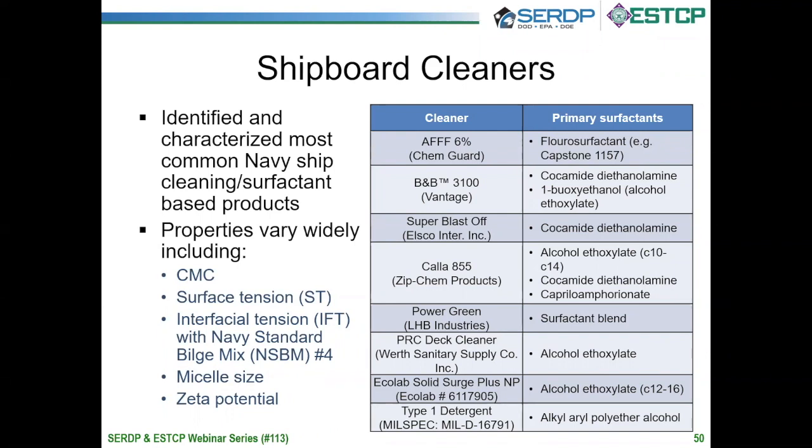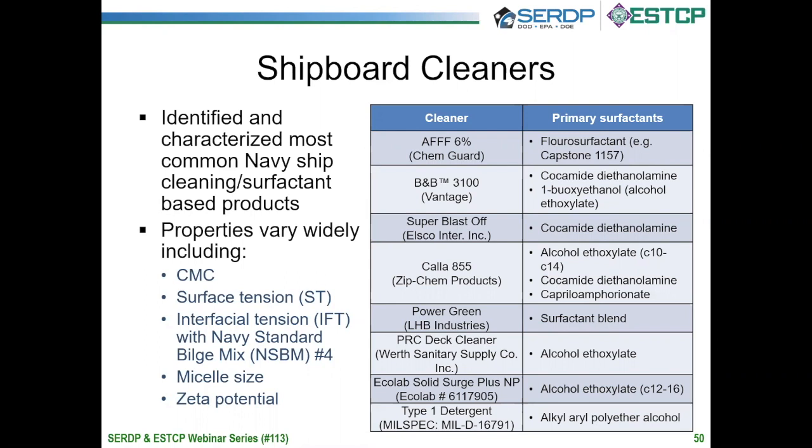We looked at properties including CMC, surface tension, and interfacial tension using our Navy standard bilge mix number 4. Carrie had provided information on that in her slides, but essentially, the NSBM number 4 is composed of marine diesel fuel and 2 different types of lube oils that are commonly found shipboard. We also looked at micelle size and zeta potential.